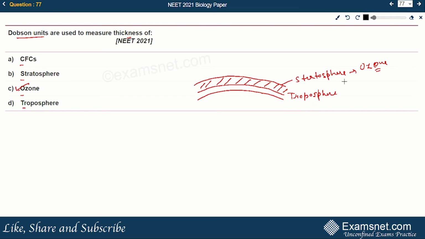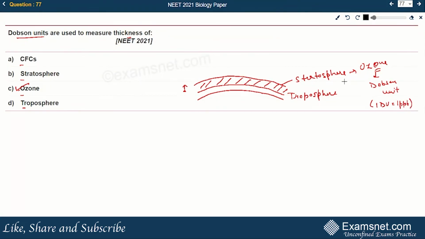Now, the thickness of this ozone in a column of air from ground to the top is measured in which unit? In terms of Dobson unit. Okay. So, Dobson unit is the unit for the measurement of ozone thickness. Okay. Here, just remember 1 Dobson unit is equal to 1 parts per billion.